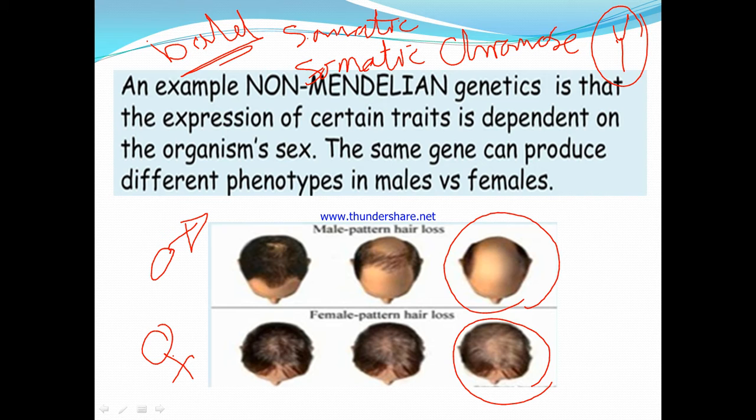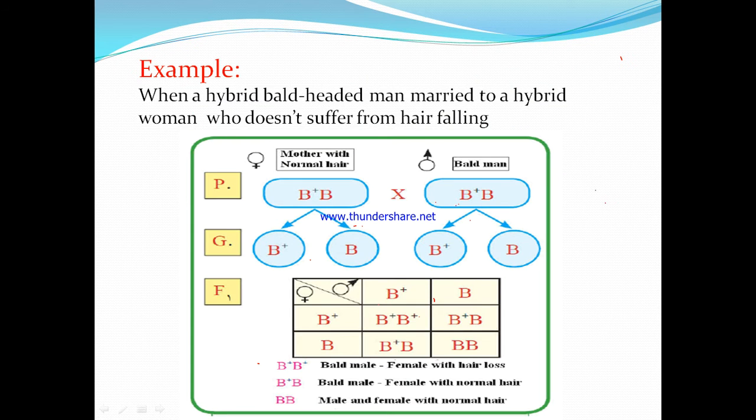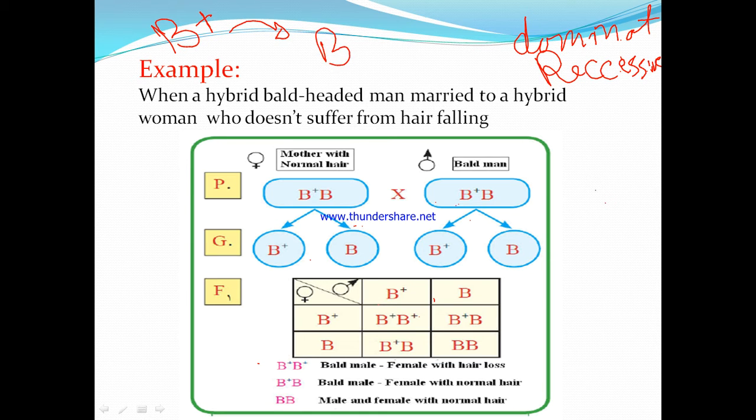Okay, this type of trait is dominant over recessive, and it has the symbol B positive, which dominates over B. So if you read this example, a hybrid balded head man means he carries B positive and B as a genotype, or the pair of alleles B positive B. This man married a hybrid woman.